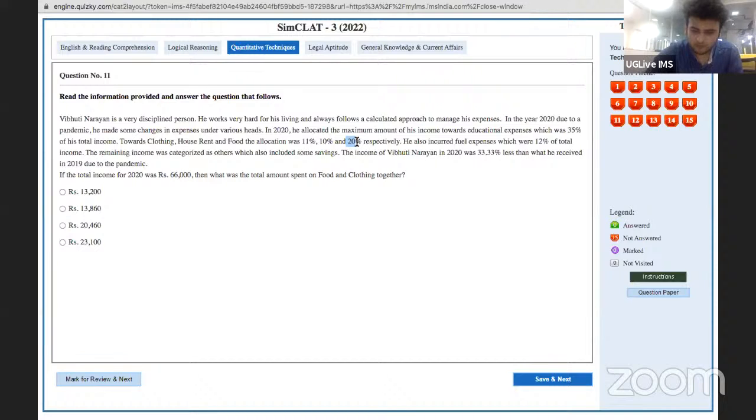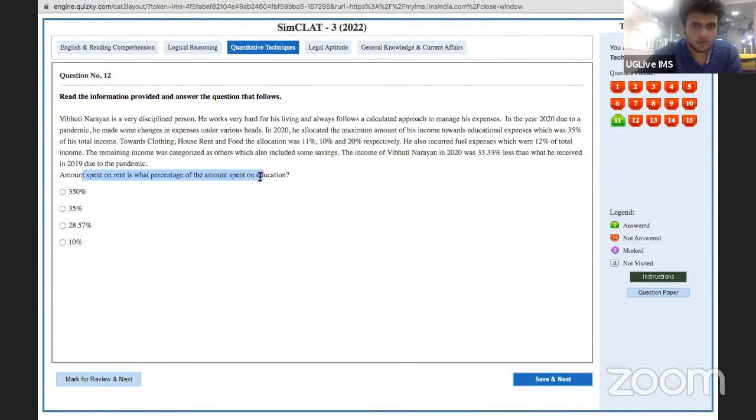Food and clothing, yeah, 31% of 66,000. So this makes 20,460. Simple plain mathematics. ठीक है, 31% into 66,000 कर दिया मैंने.